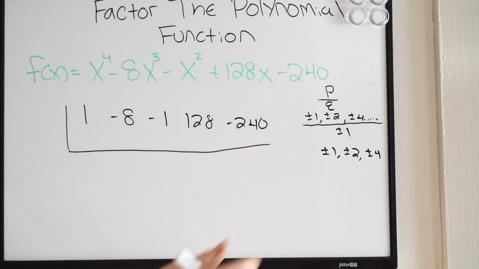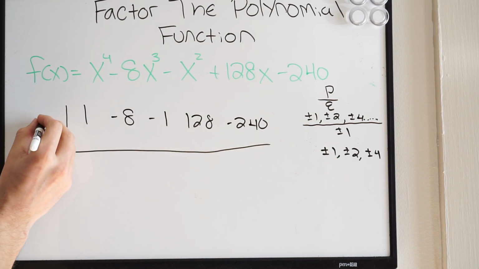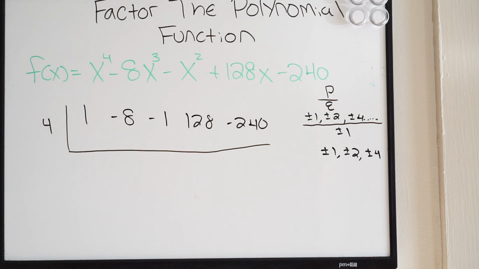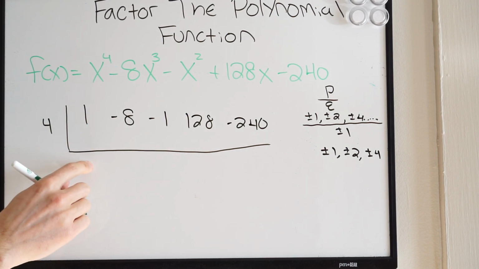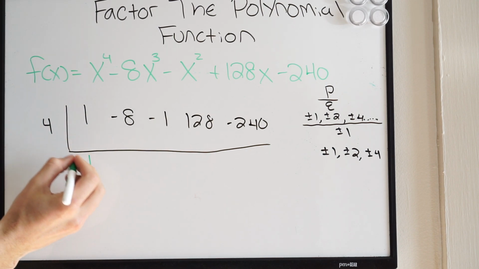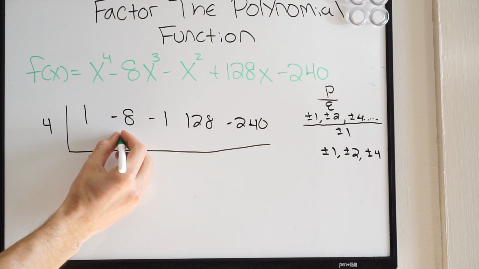We're just going to pick one of these possible rational roots that we want to test out here. Let's try 4. So I'm going to try a 4, and we're going to do synthetic division. We bring down the 1. So 4 times 1, that's 4.